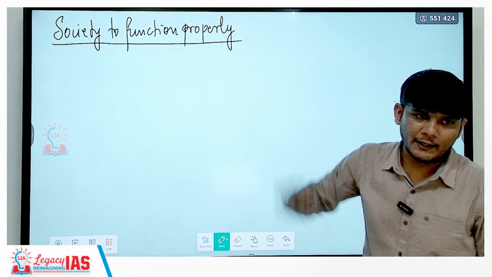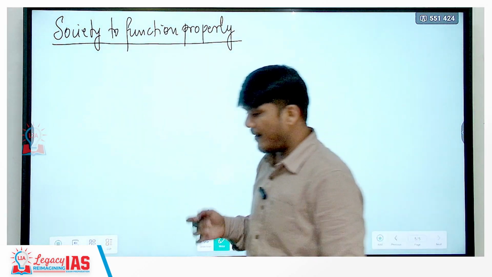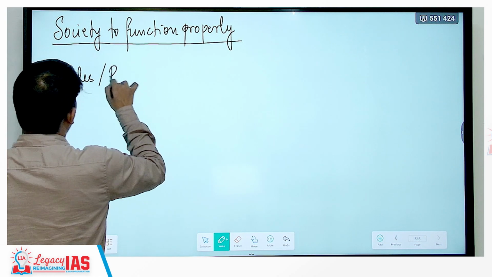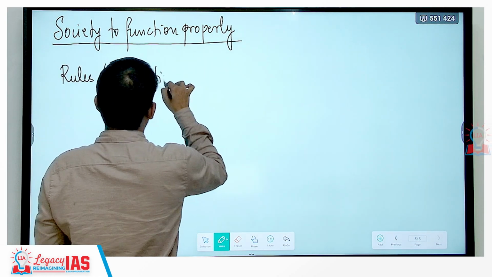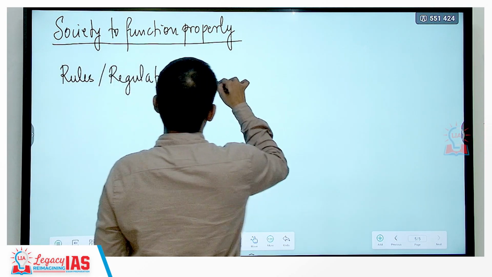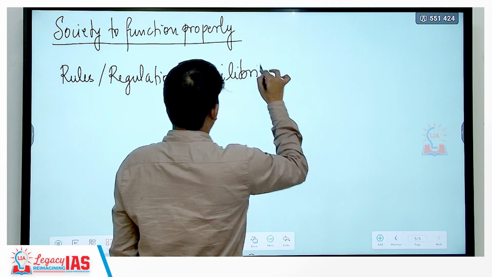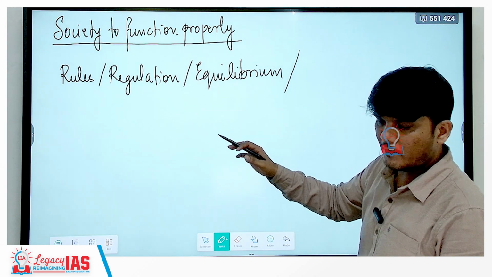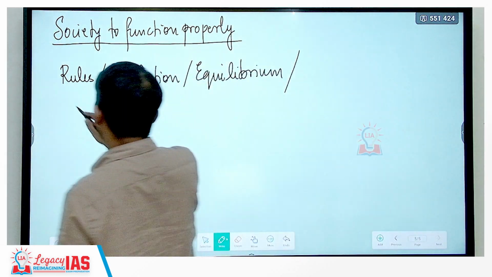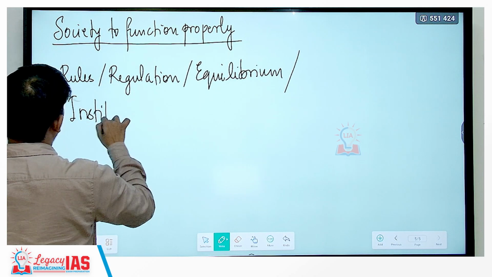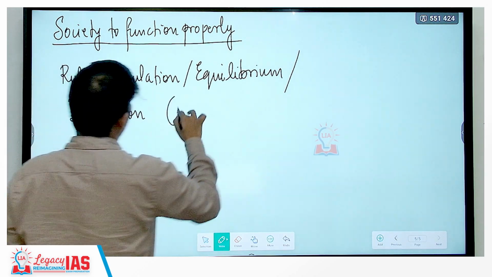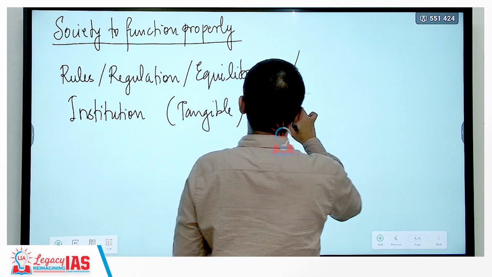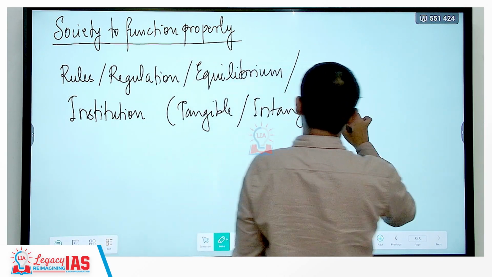There might be certain rules, regulations, certain equilibrium, right? All these things may be required. There can be certain institutions, certain tangible things, certain intangible things that are required, right?